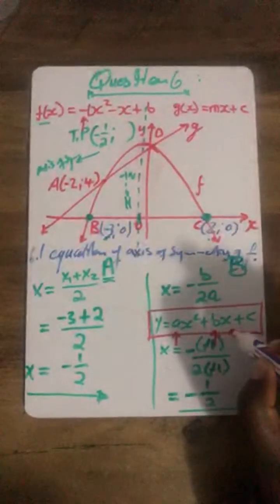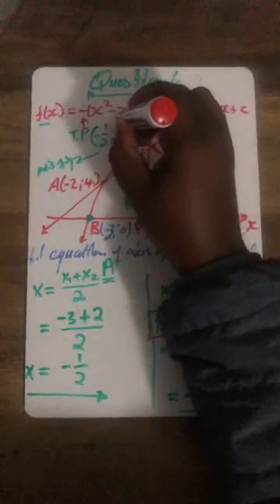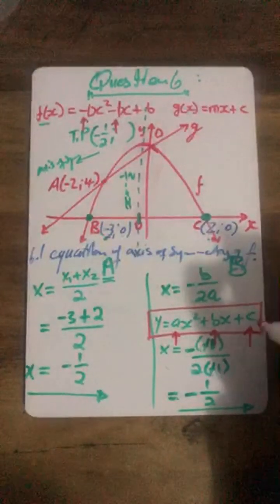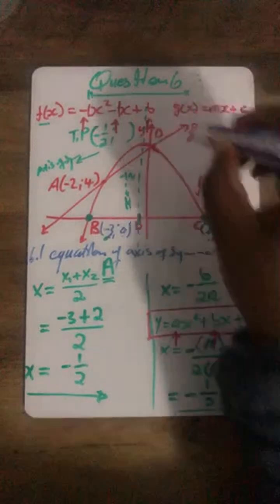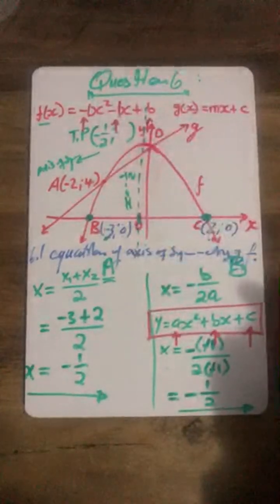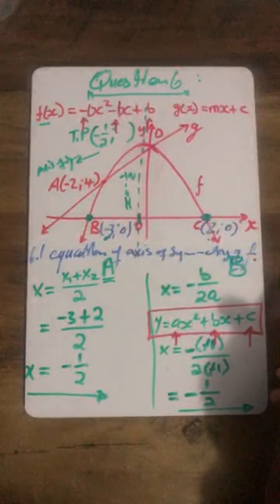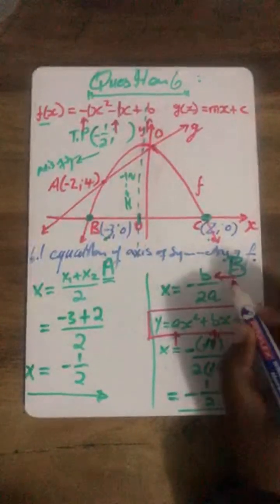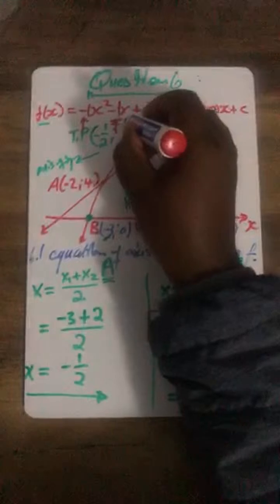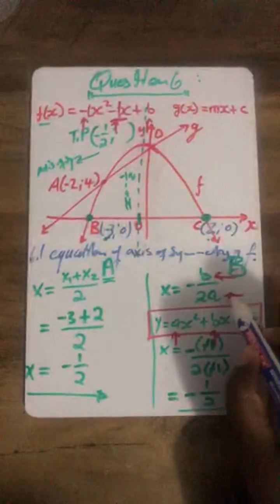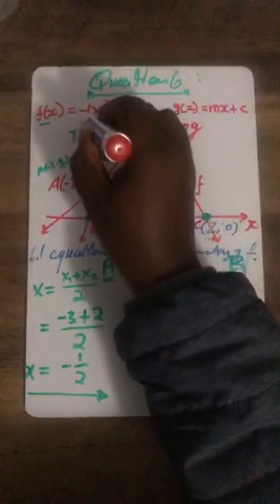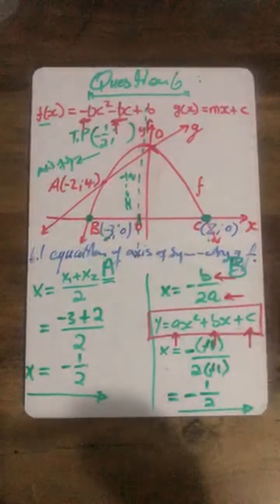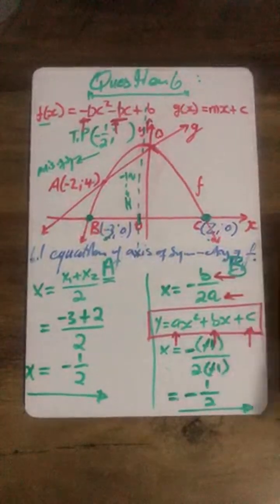This B is that one there, also being negative, invisible 1. This C is that one there. It's like your quadratic formula. This is the formula that we say you must use, where your B you just take from there, your A you just take from there, then you substitute and punch it on your calculator. That's how you get it.